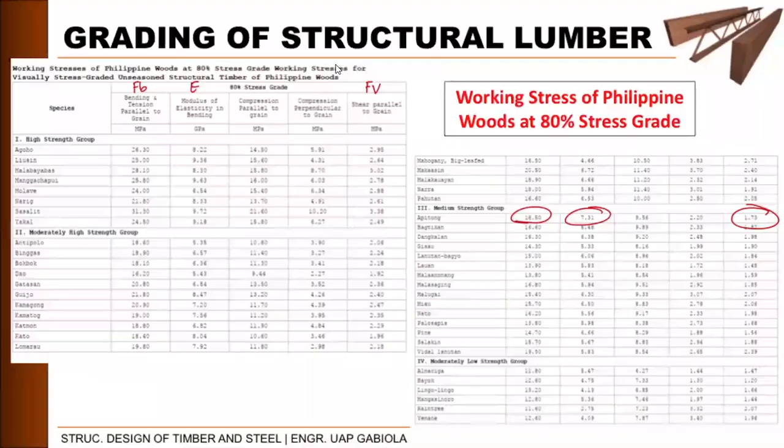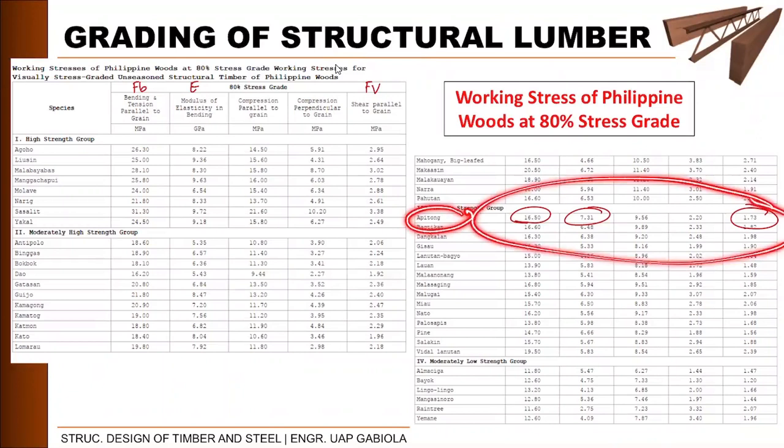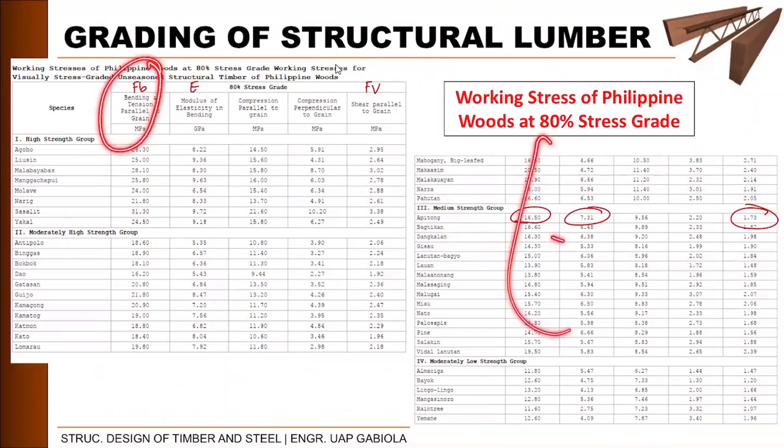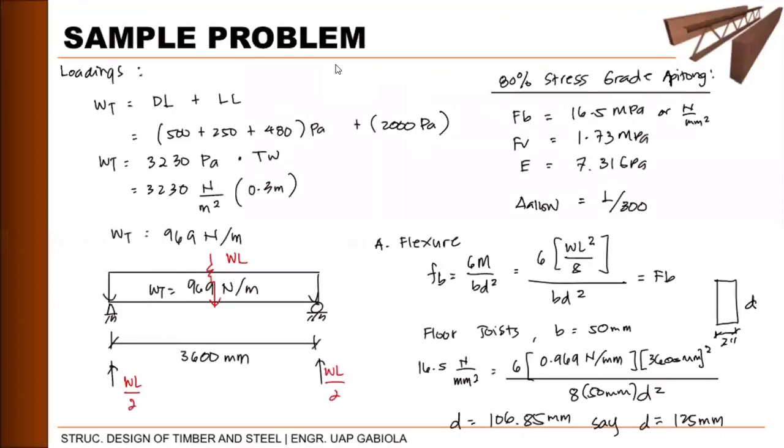So, this is the table. Okay? And then when we move dito, this is the apitong. And then ito yung kanyang corresponding values for bending, yung first column. Yung second column is for modulus of elasticity. And then yung last column is for shear. Okay? So let me get that values. Yung nilagay din natin dun sa previous example natin.